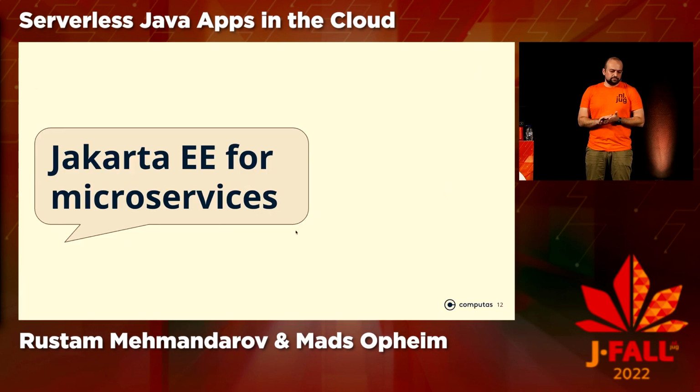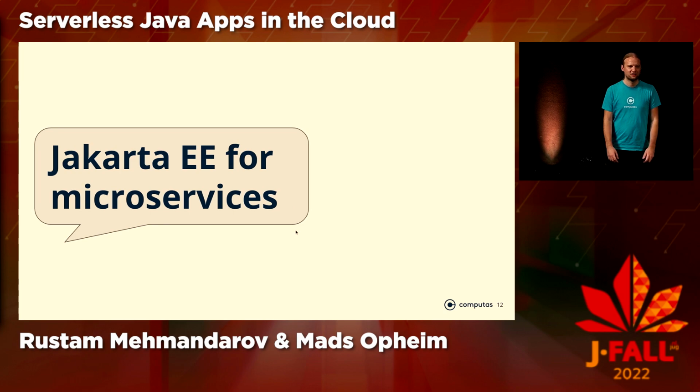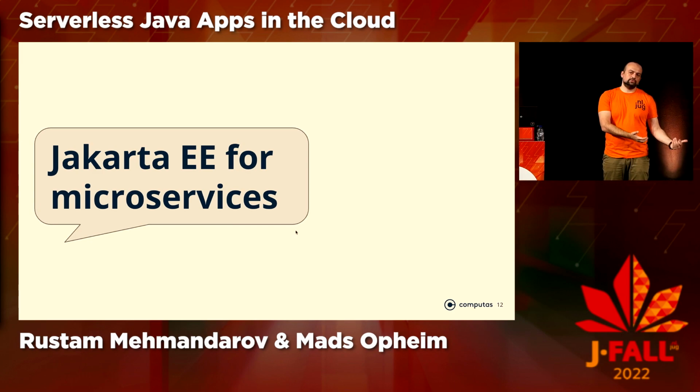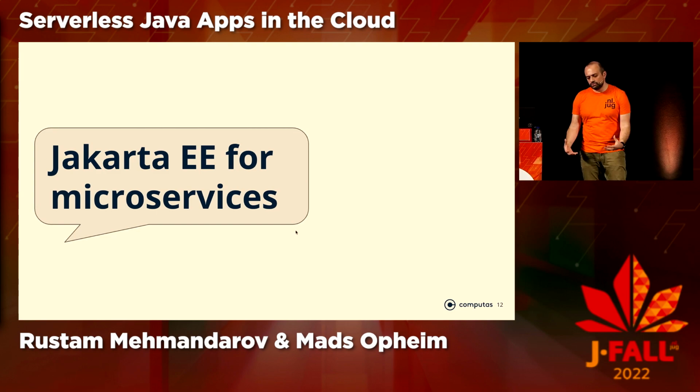And the easy way to say it about MicroProfile, if you know Jakarta EE, is that MicroProfile is Jakarta EE for microservices. Originally, MicroProfile started when Jakarta EE was still Java EE, and there was no development happening there. So it was a kind of reaction: we need to create an opinionated package to create microservices.